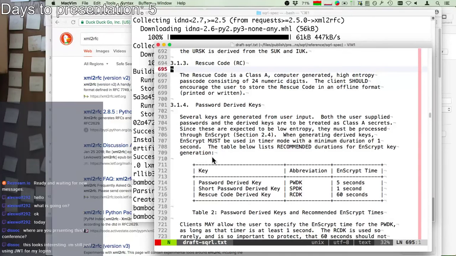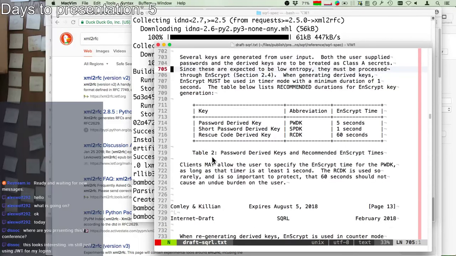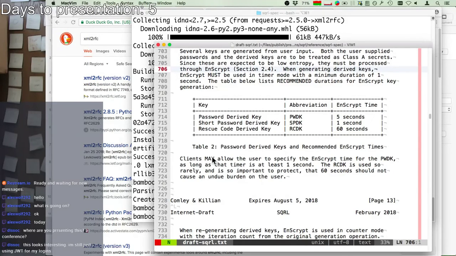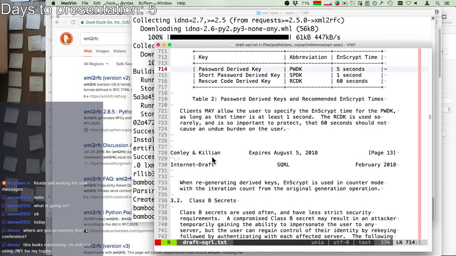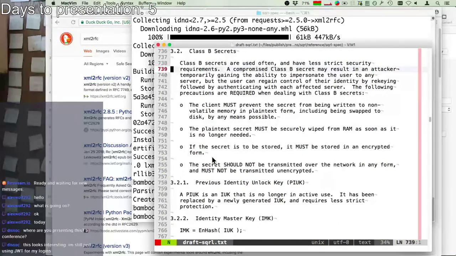I forget if that's... Well, the rescue code is not the identity unlock key, so I think it might be an encryption for it. Rescue code derived key.